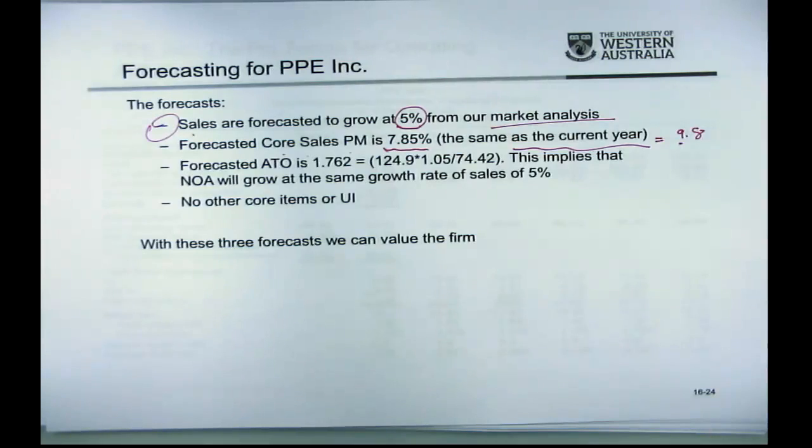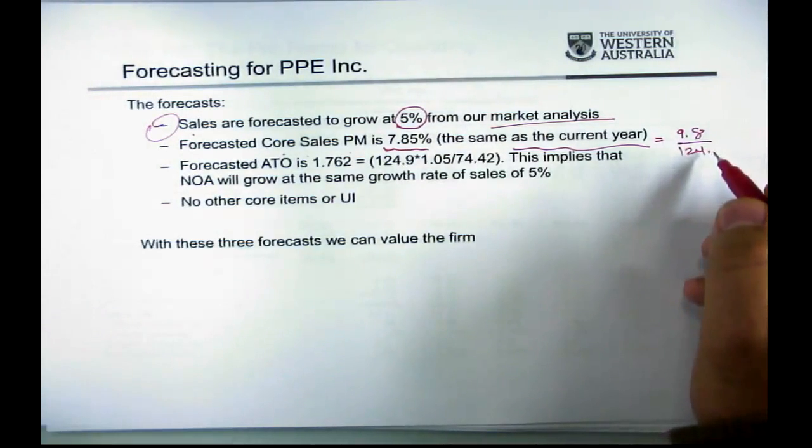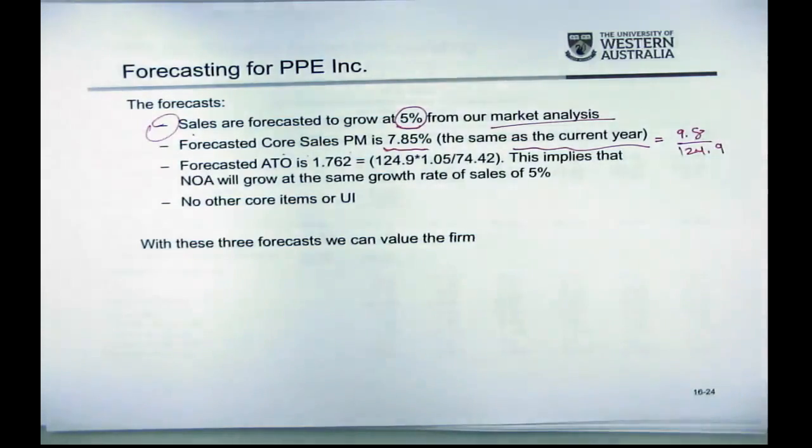Okay. So this is the operating income divided by sales, right? So we divide the operating income by sales.